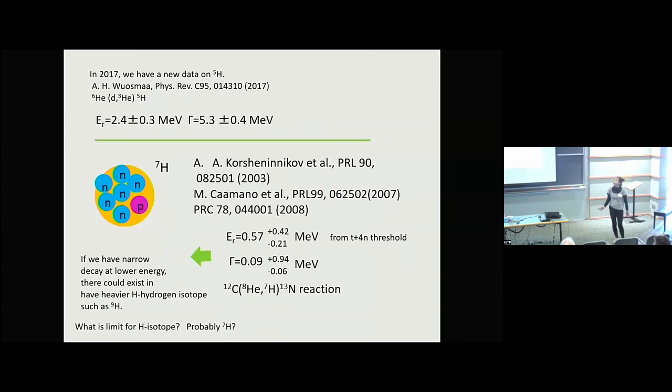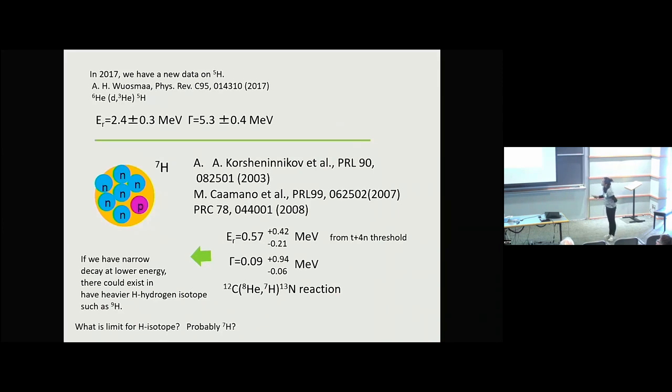In 2007, we also had new data from this person, and they reported the energy of hydrogen 5 is 2.4 MeV and the decay width is around 5 MeV, which is a very broad resonance state. This is the current situation of hydrogen 5. And how about hydrogen 7?